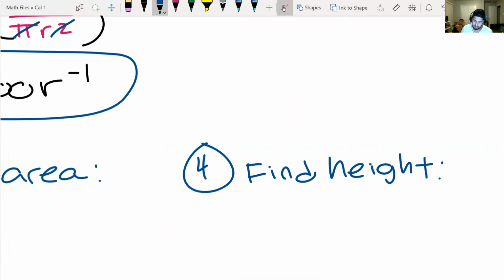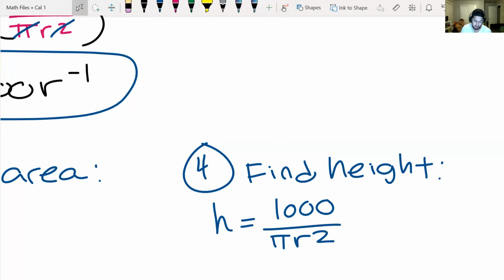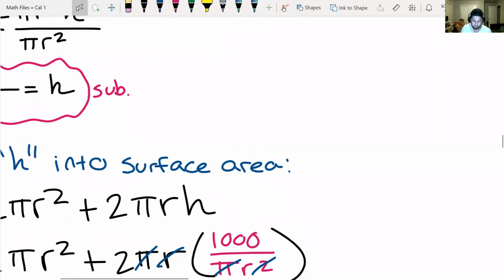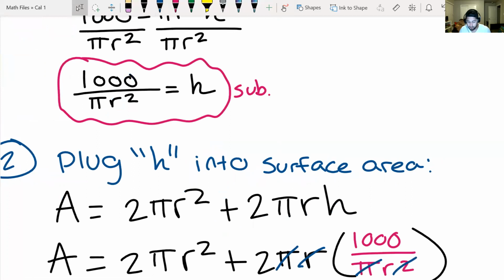Find height. And we made an equation for that. Height was 1,000 over pi r squared.